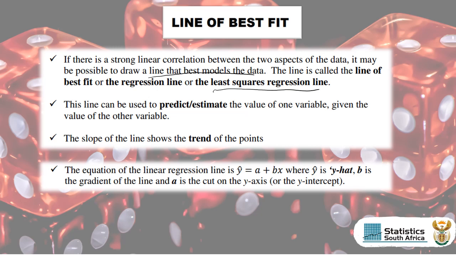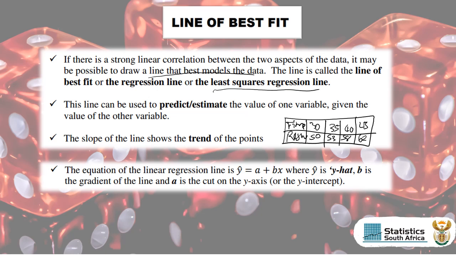For example, if we have a data set of the time we spent studying maths and the results that we get: 30 minutes, 35, 40, 45, then maybe 50 marks, 53, 58, and roughly 62.